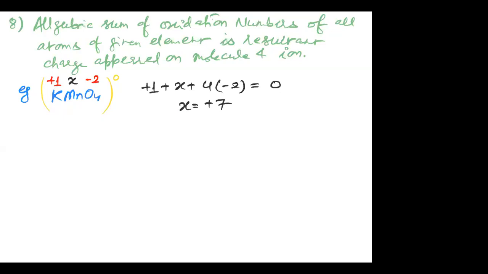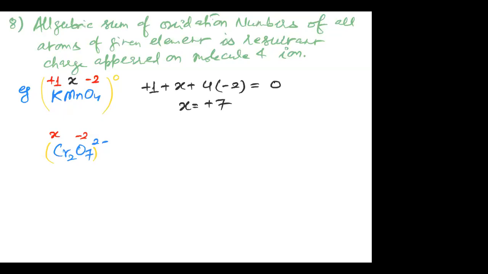X has to be, let's say, +7 here. Same if we have, let's say, dichromate ion. In dichromate ion, oxygen oxidation number, usually we know it is going to be -2. Chromium oxidation number, you can imagine it as X. The resultant charge on dichromate ion is, let's say, -2.